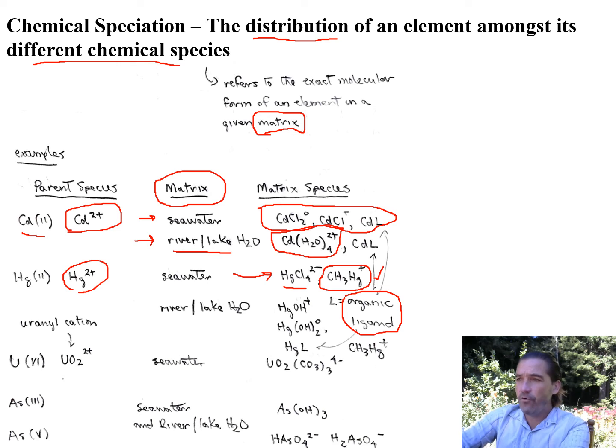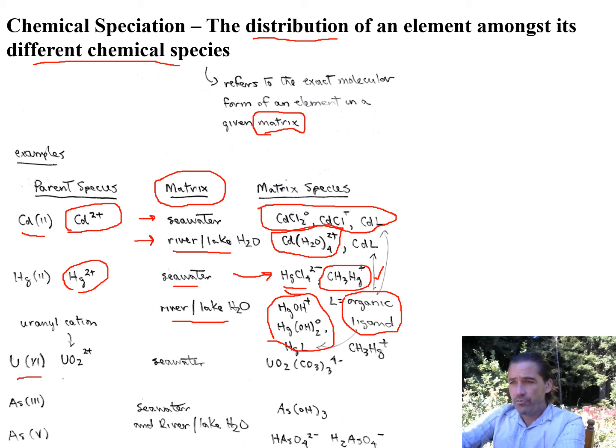An inorganic form, such as mercury chloride, would be less toxic to your body. It would potentially pass through your body or be sequestered by mechanisms within your own body to detoxify the mercury. And again, we see that in seawater and river water mercury does form different species.